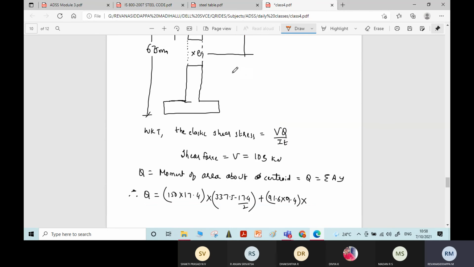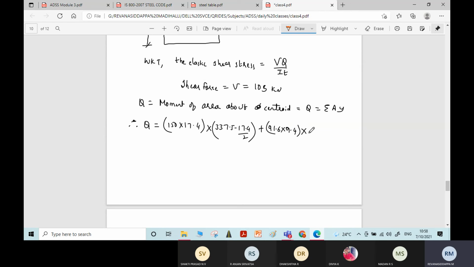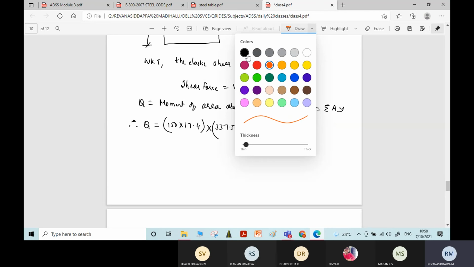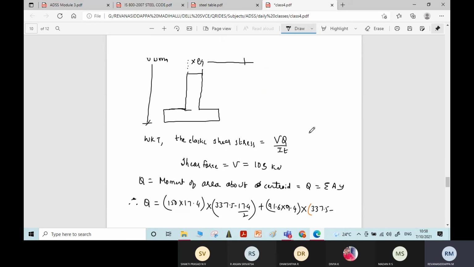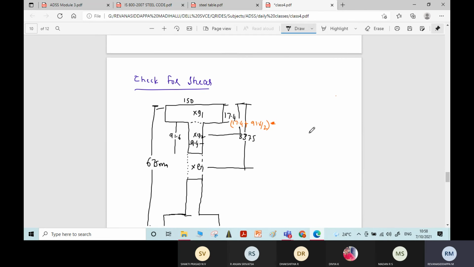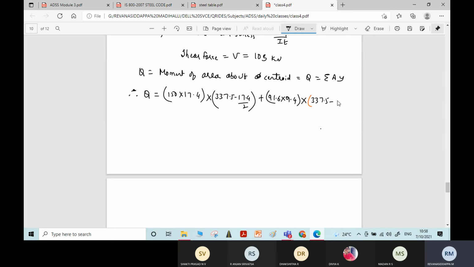Therefore, it is 337.5 minus of 17.4 plus 91.6 divided by 2. Now you will get Q, moment of area. Tell me the answer.